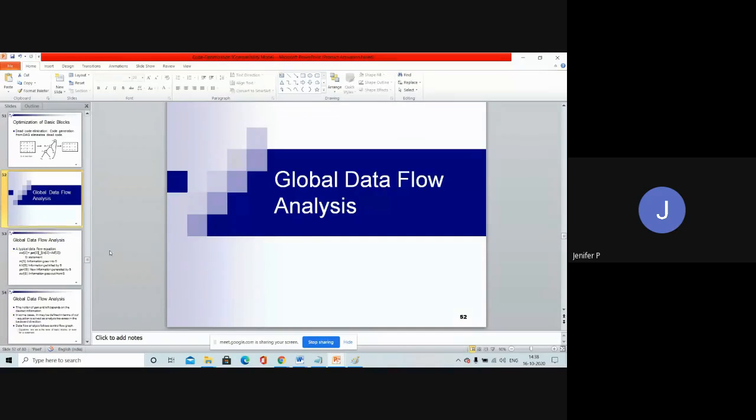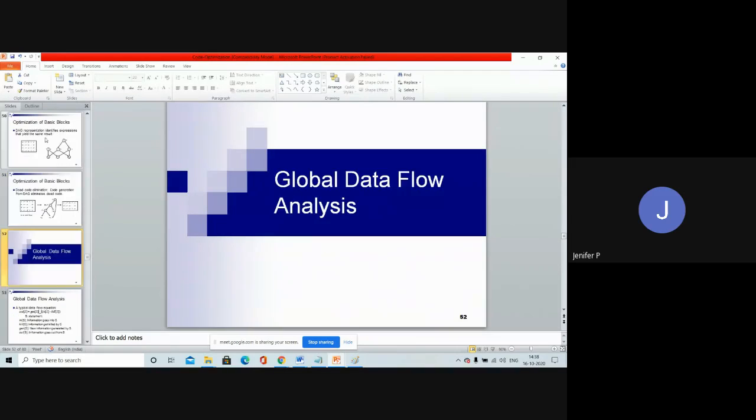The last theoretical concept for today is global data flow analysis. As I told in the initial part itself, why do we go for data flow analysis, why is it needed? Here we are performing optimization, finding the best result. So we need to know where the data flows. Take the previous example.